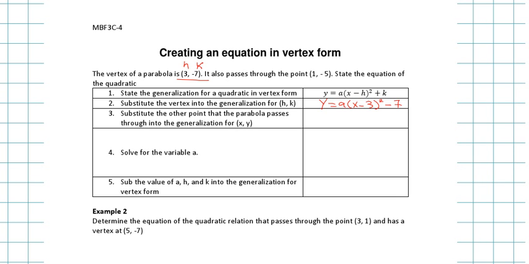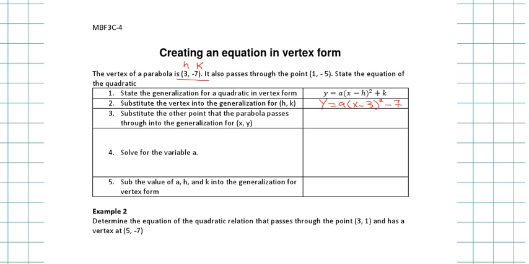Now, what else is unknown? The a value. That's right. I need to know what that a value is, because the a value tells me if I have a vertical stretch, if I have a vertical compression, or if I have a reflection. Okay? So I must solve for the a. What do I use to solve for the a? What other information is given to me?